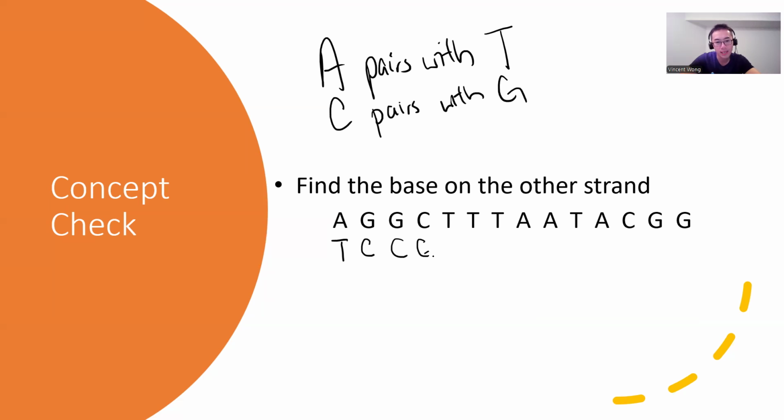And using the same rule, that A goes with T all the time, and T goes with A, and C goes with G, we can predict the missing half of the DNA. This predictability is one of the properties of DNA.